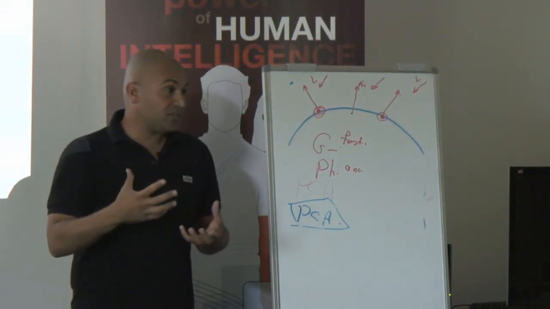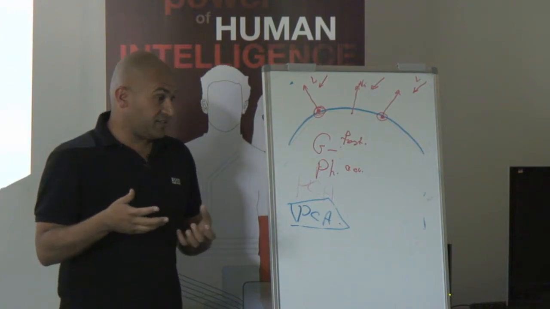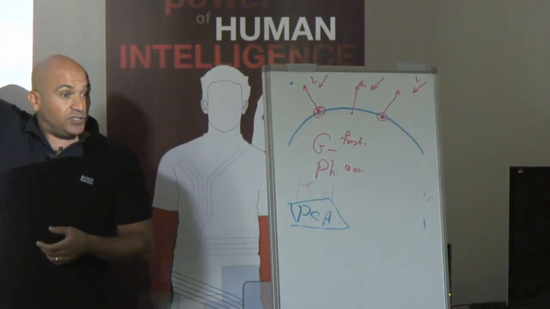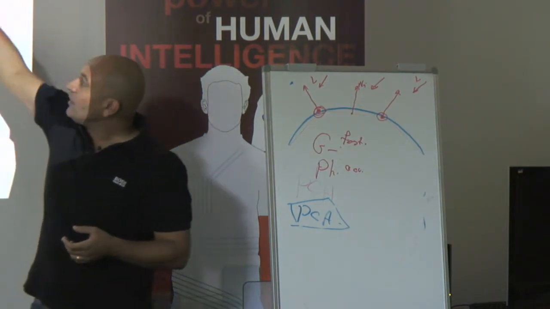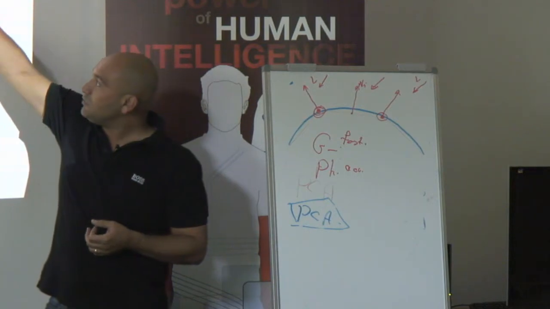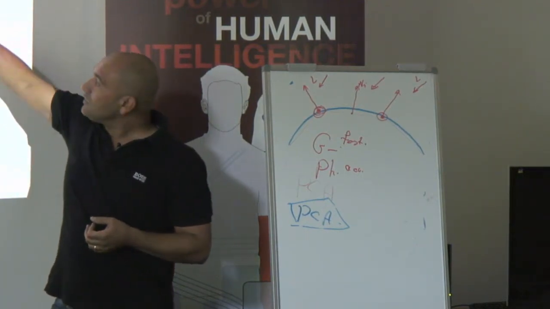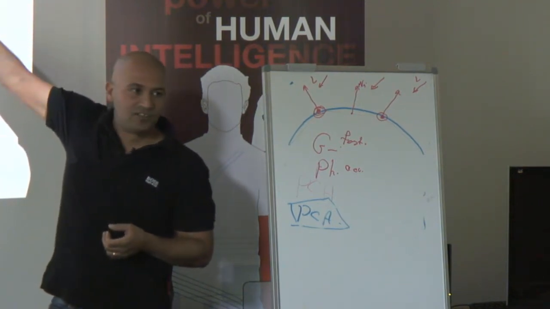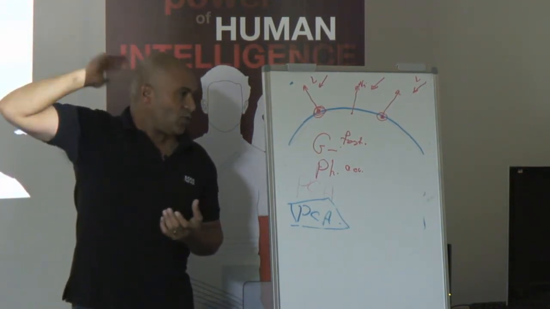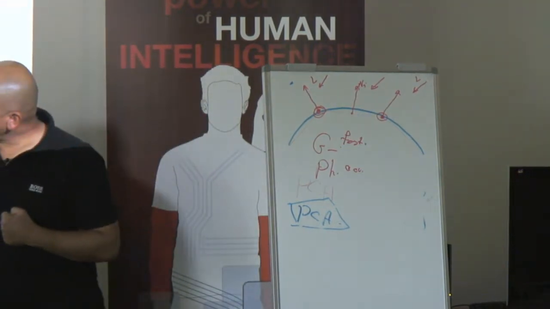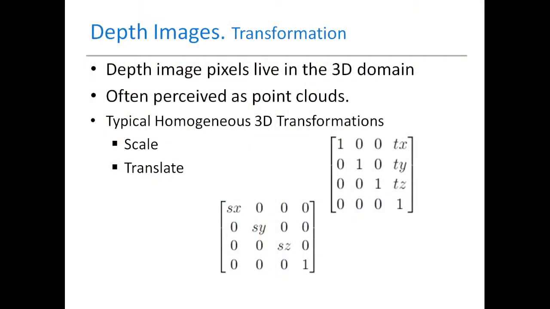Since we are assuming a homogeneous coordinate system, this gives us very simple transformations. This is the translation matrix, which is very simple: you are adding the vector tx, ty to every point. And this is the scale, where Sx, Sy are the scale factors.